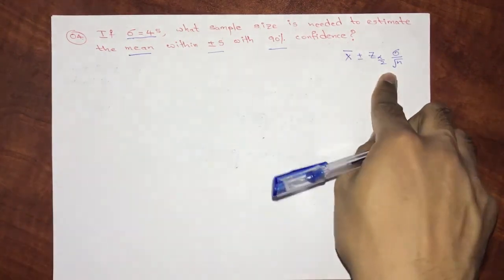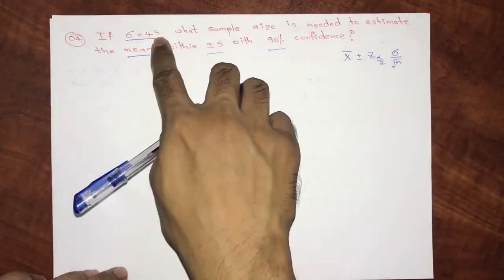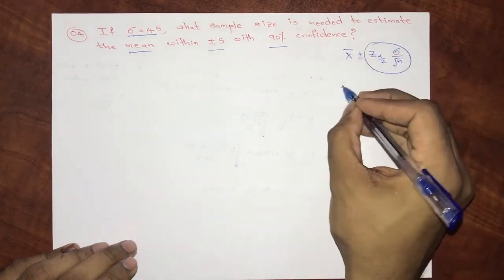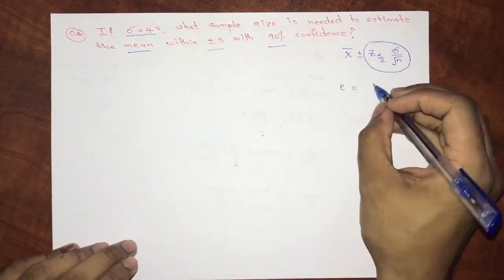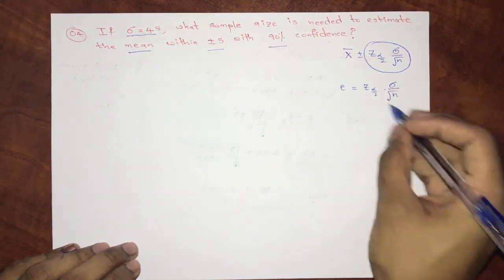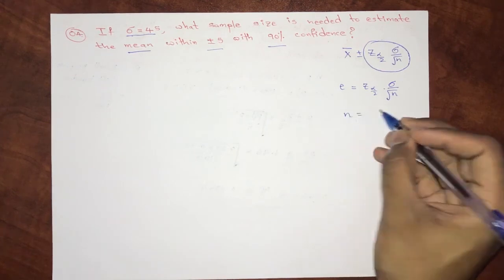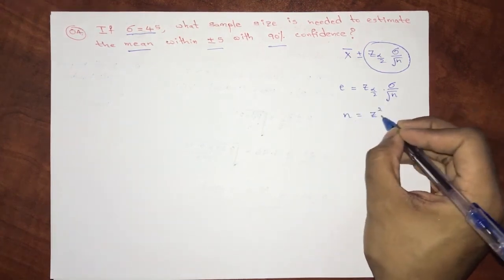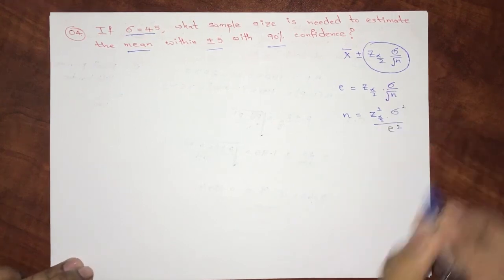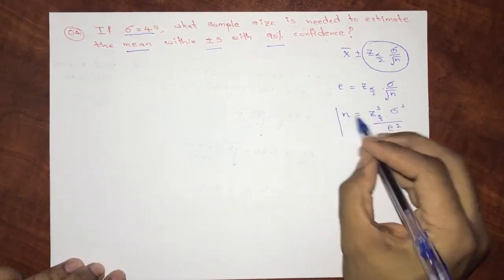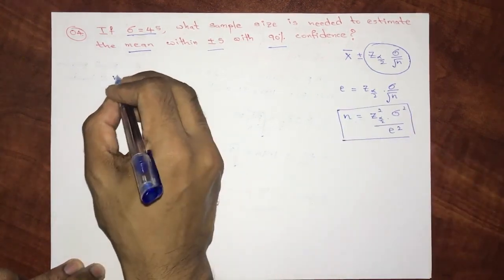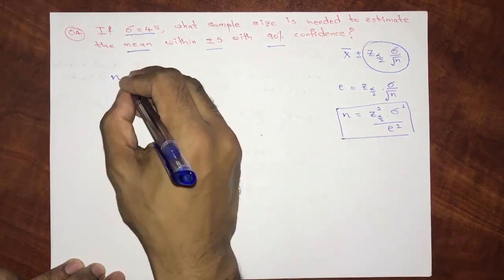Why did I consider this equation? Because your population standard deviation is given. This value over here is your sampling error term, Z alpha over 2 times sigma over root n. From this, we made n the subject and got the equation Z squared times sigma squared divided by E squared. So we simply substitute the values into this equation to figure out the sample size, n.